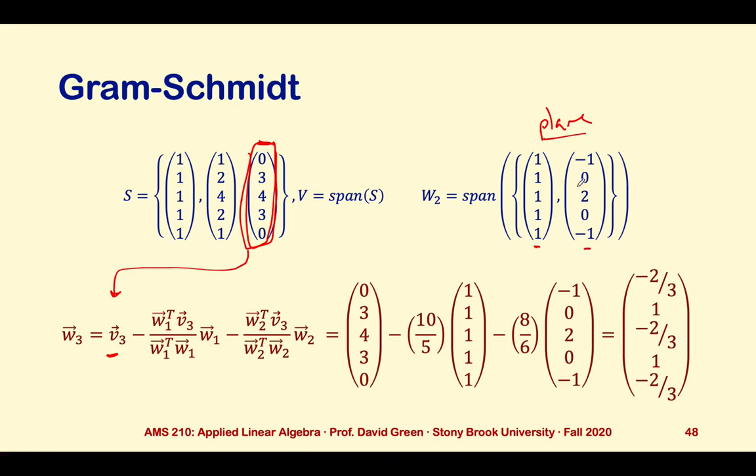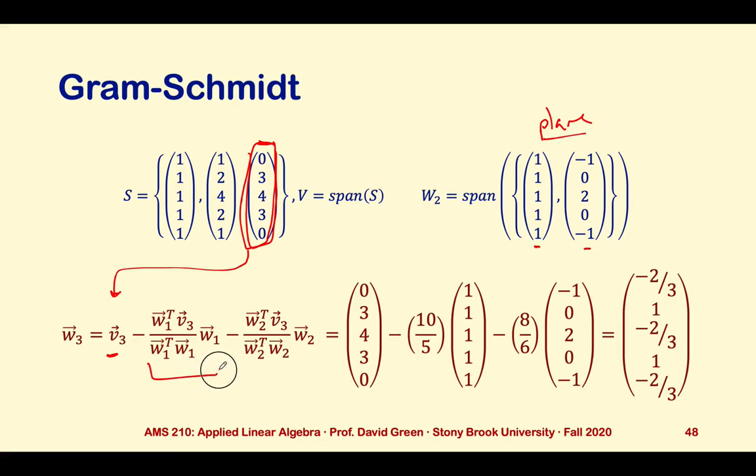This is essential because it's only the new set that is orthogonal. Right? So in each of these expressions, only the V3 comes from the original set. All of the rest come from the new set. Okay. So V3 is 0, 3, 4, 3, 1.